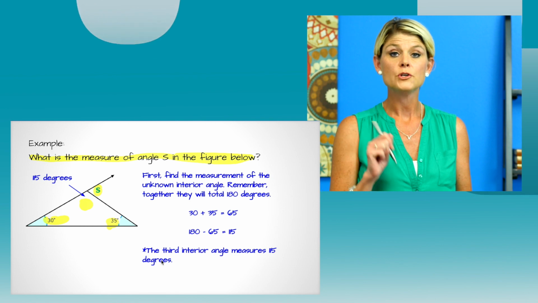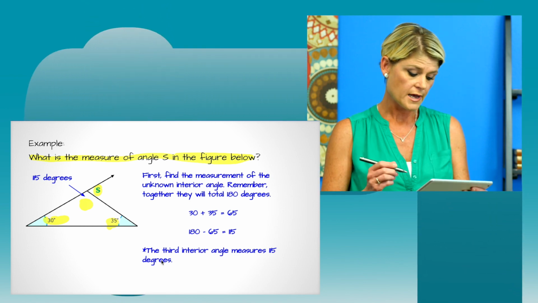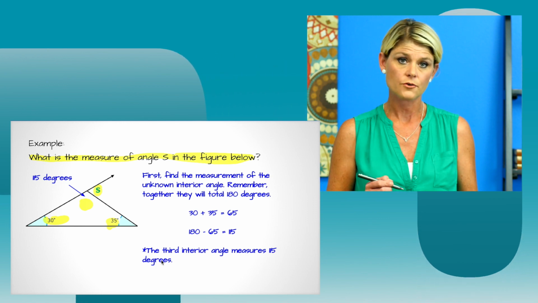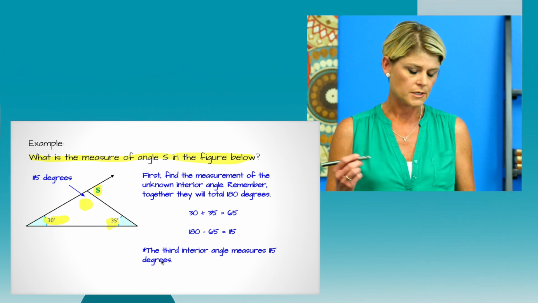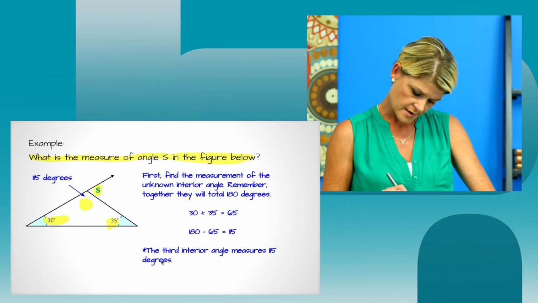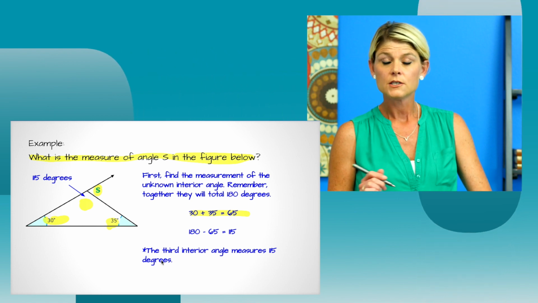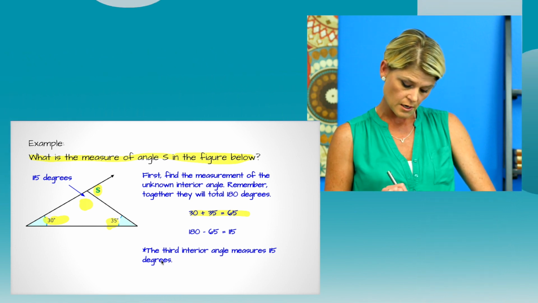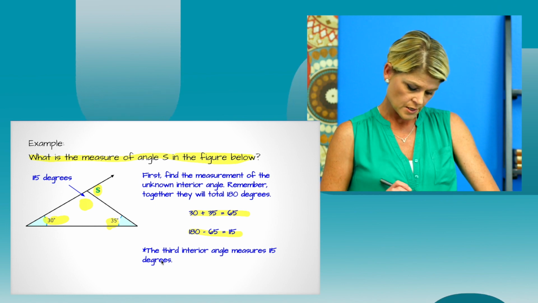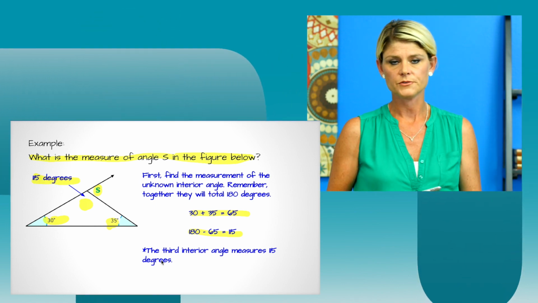Well, keep in mind, we know that all the interior angles of a triangle have to have the total sum of 180 degrees. So the easiest way to do this is to add 30 plus 35, which gives you 65. And then knowing it needs to total 180, subtract 65 from 180, and you get 115. So now we know that the interior angle is 115 degrees.